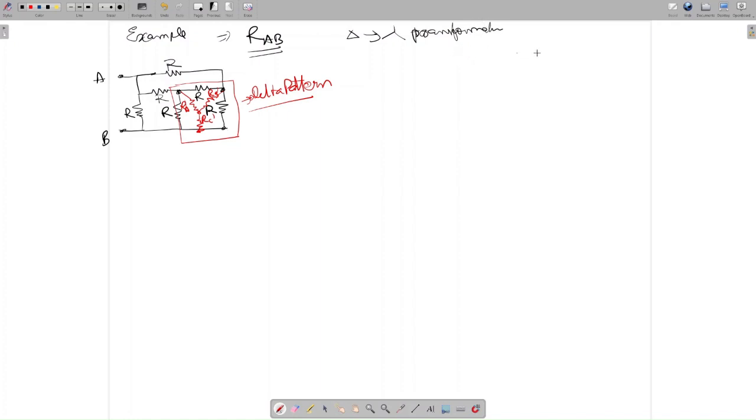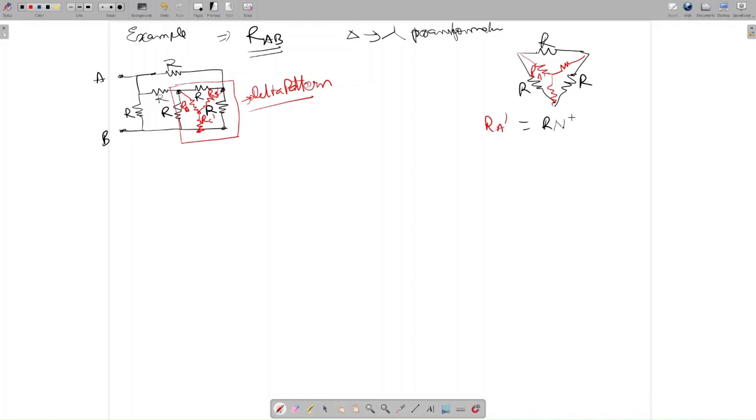So let's redraw this. RA dash will be equal to the product of adjacent resistances, this one.